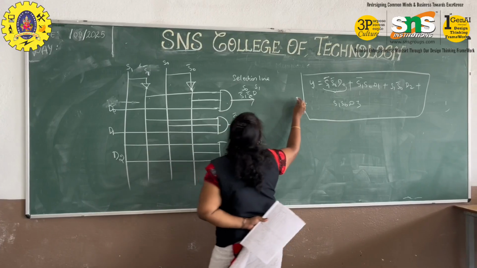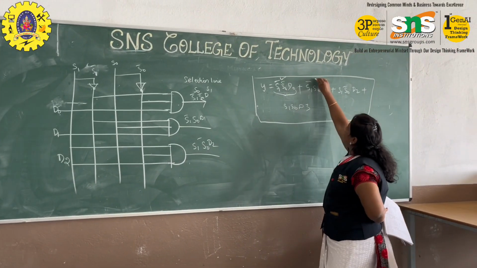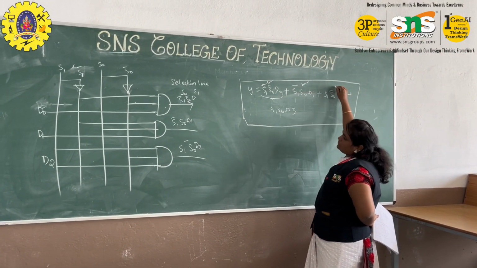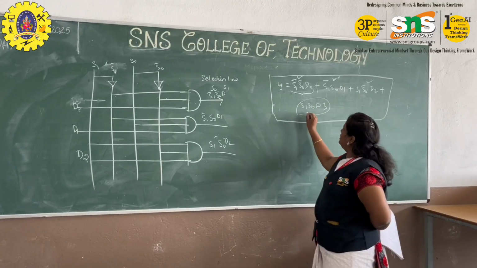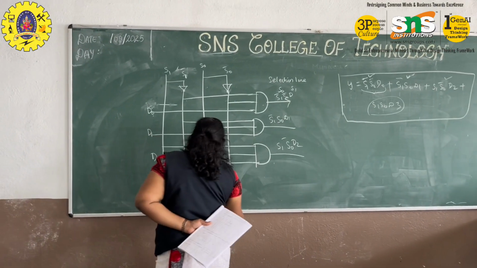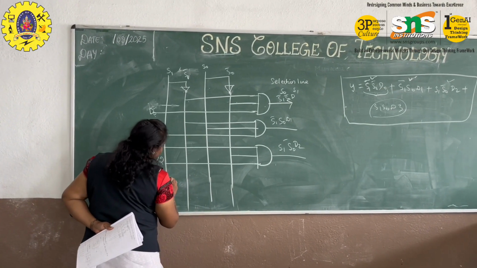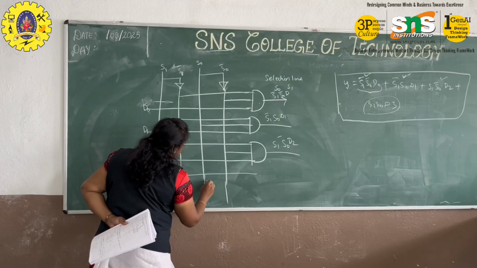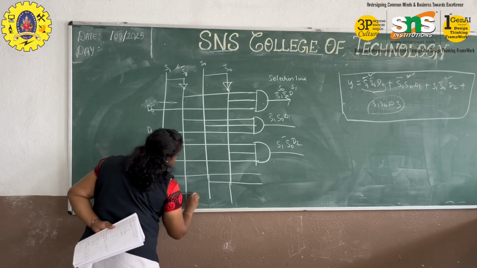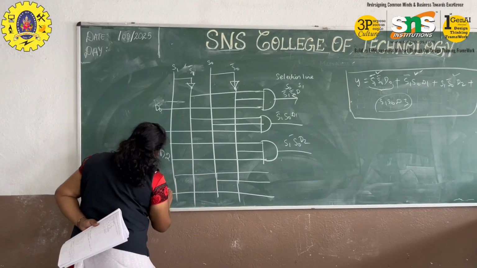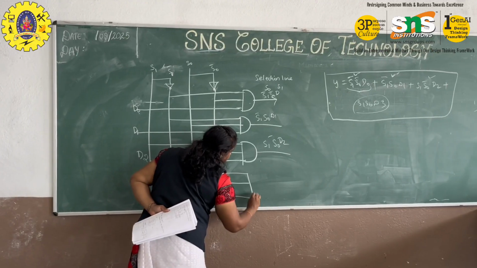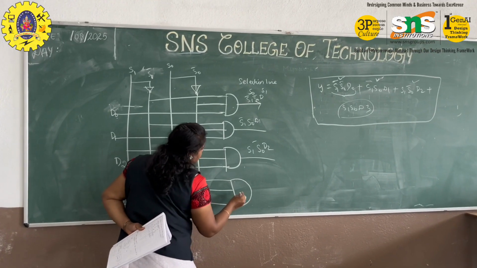We have completed these equations. Now we have only one thing left: S1, S0 and D3. So S1, S0 and D3 all enter an AND gate.